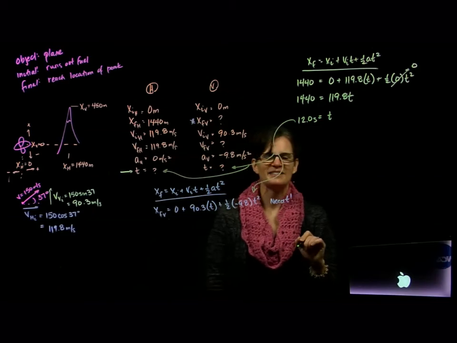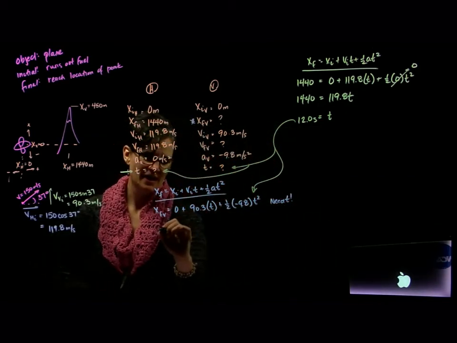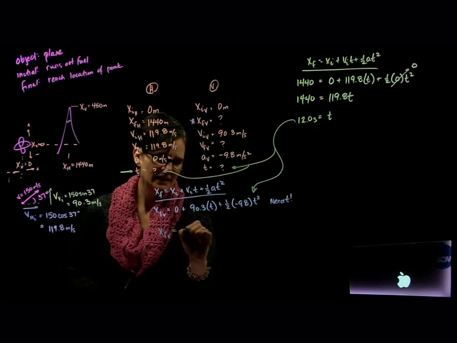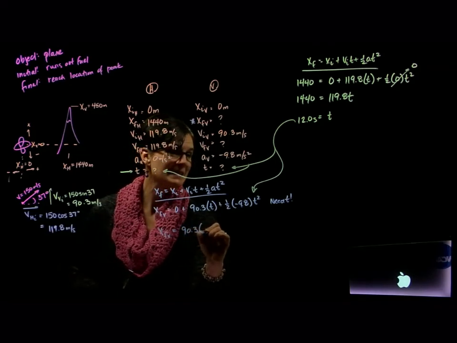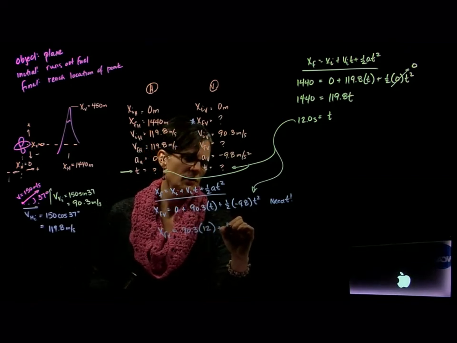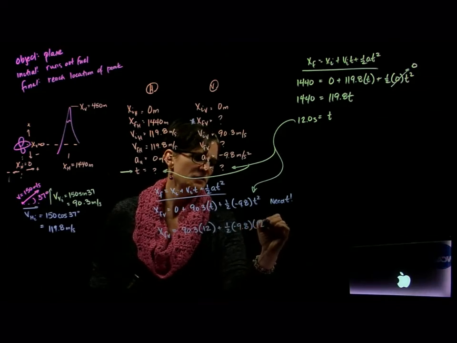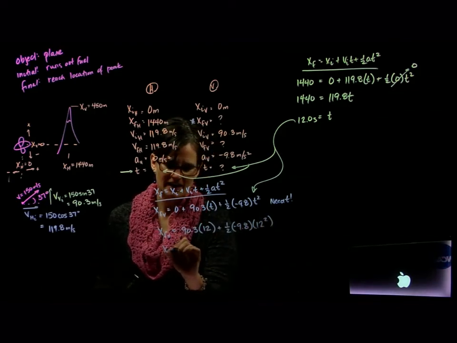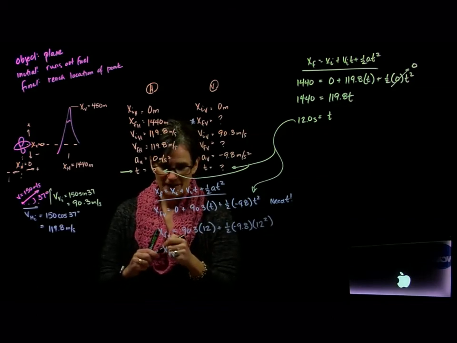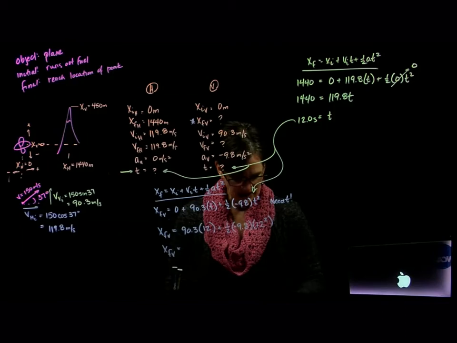And we end up with x final vertical is equal to 90.3 times my time of 12 plus 1/2 negative 9.8 times 12 squared. And I get my final position vertically at the time we are at the peak.